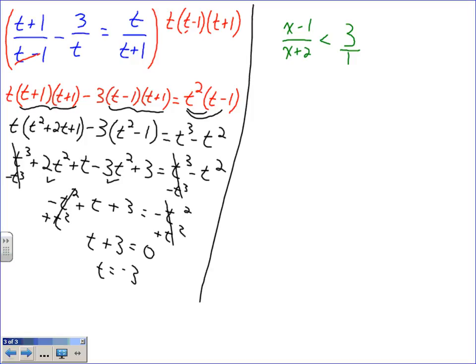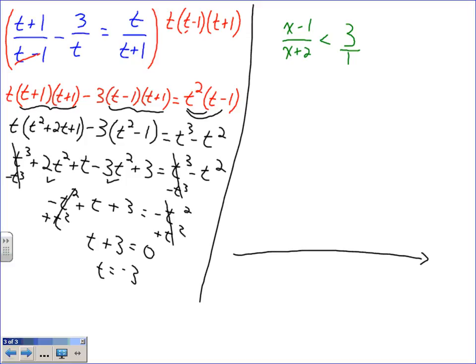Let's take a look at the example in green. Cross multiply. It's the same type of thing. I put the 1 underneath the 3 just to show you that we can cross multiply. And because we have inequalities, we're going to use a number line.